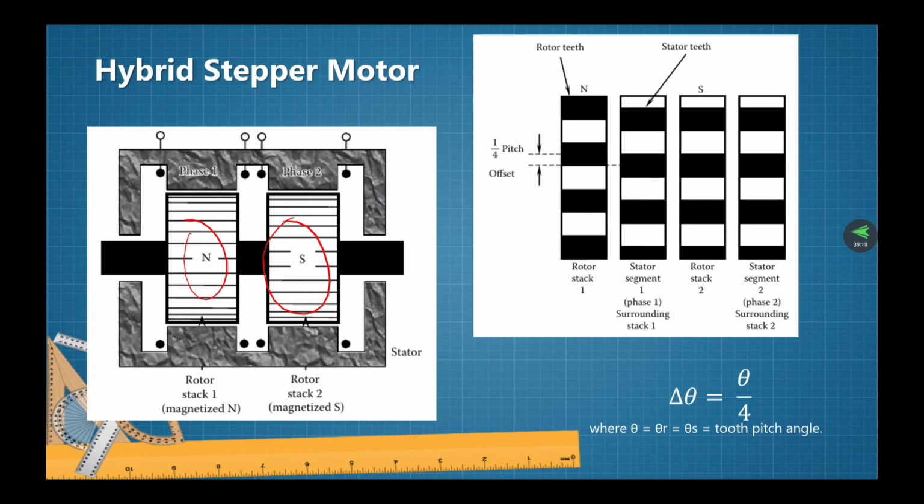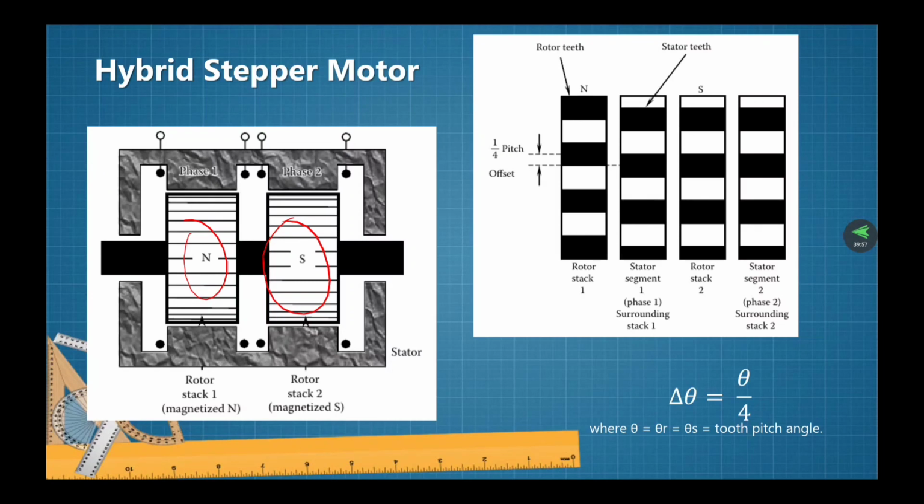The stator stacks are magnetized, and the interstack misalignment is 1/4 pitch. In a hybrid stepper motor, phase 1 is off and phase 2 is on with a polarity, and for the opposite direction, the sequence is simply reversed.